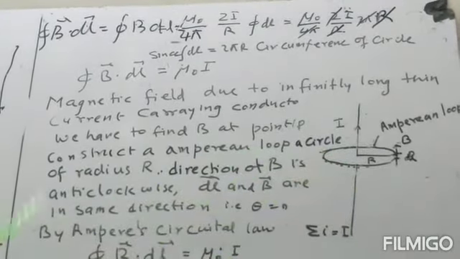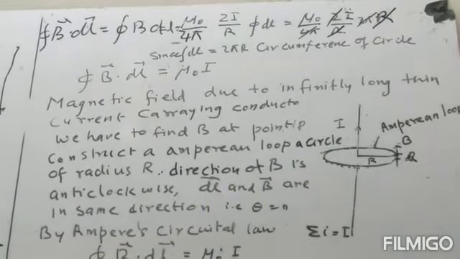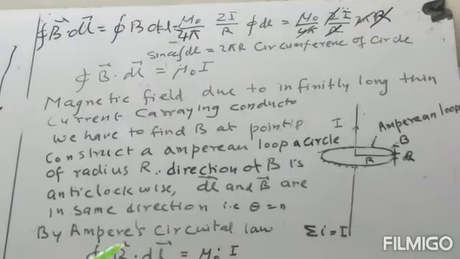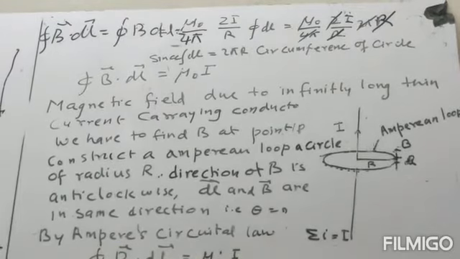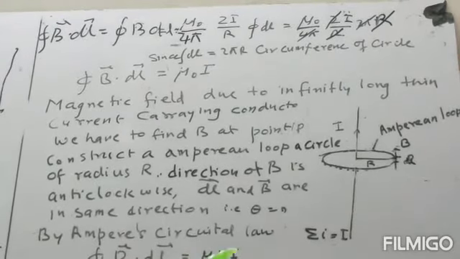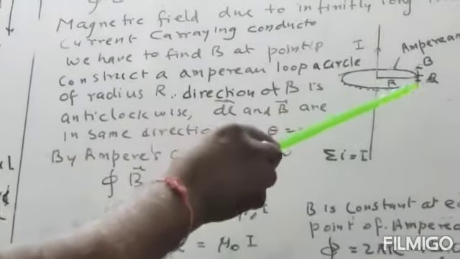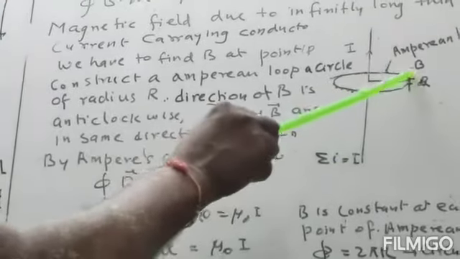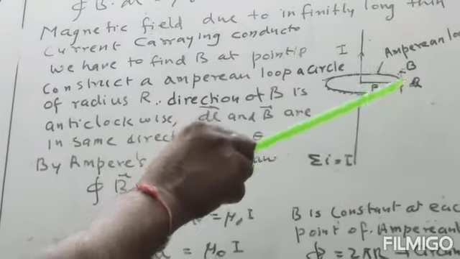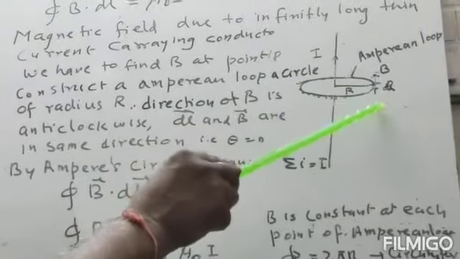Now according to Ampere's circulatory law, the line integral of B dot dl is equal to mu0 into I, because only one current is there, so we will take I. Here the directions of dl and B are in the same direction, or they are parallel.